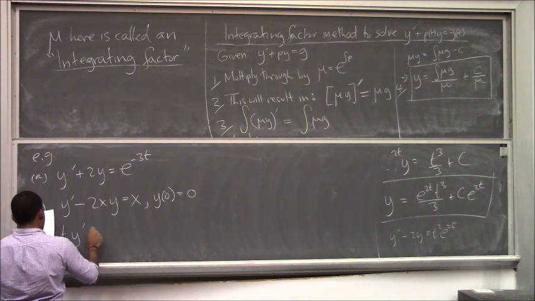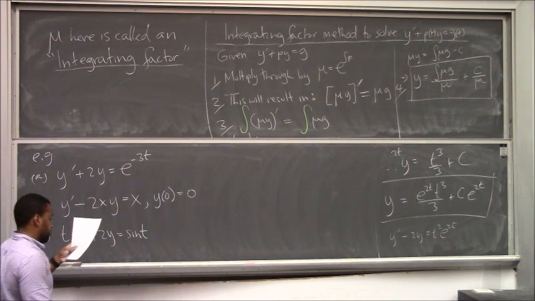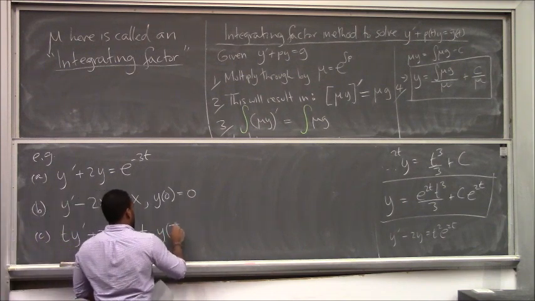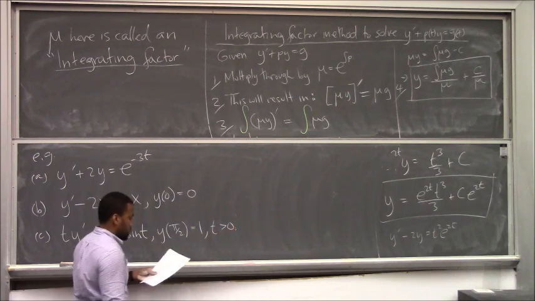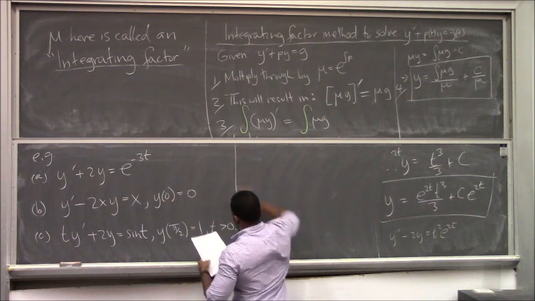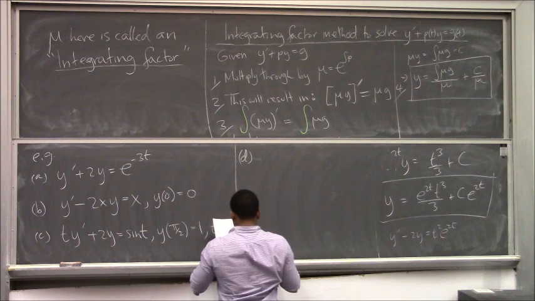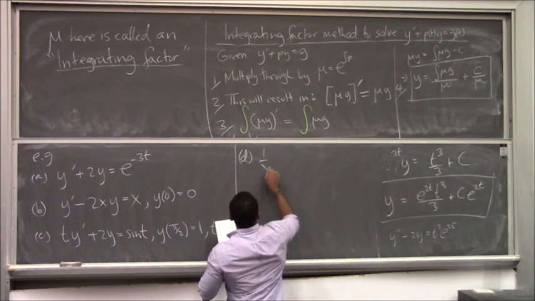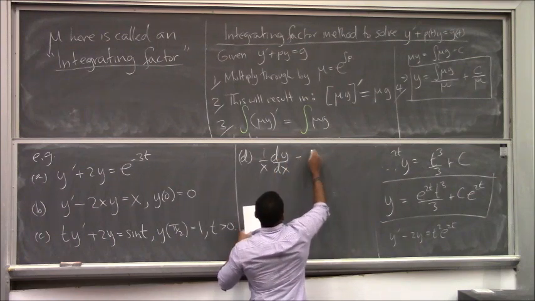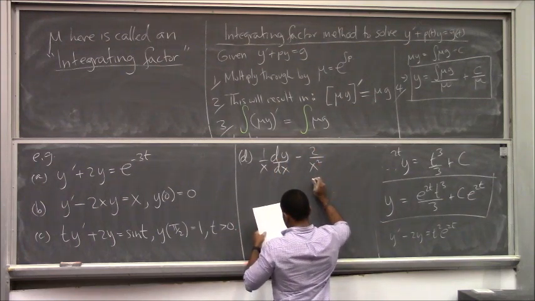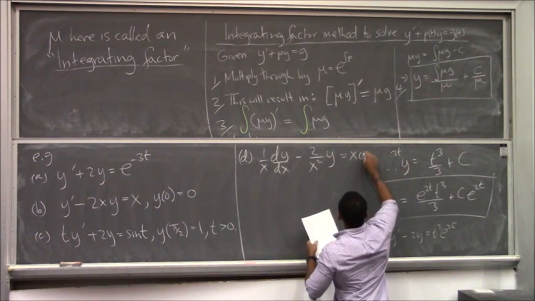T times y prime plus 2y equals sine of t. This is an initial value problem. And let's make the assumption that t is greater than 0. D over x dy dx minus 2 over x squared y equals x cosine x.